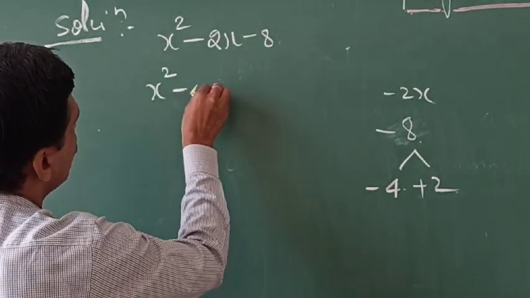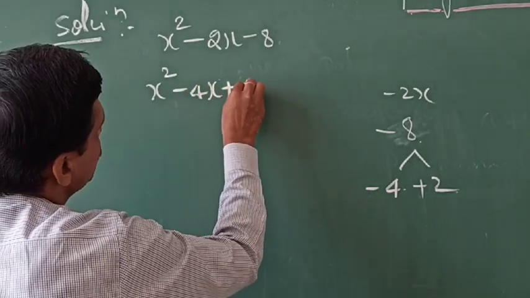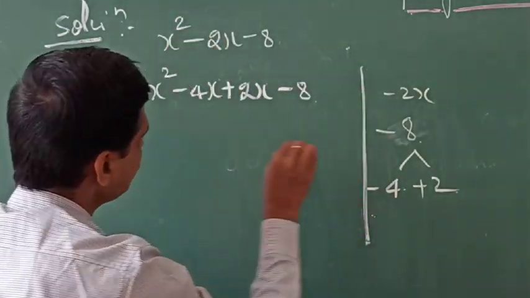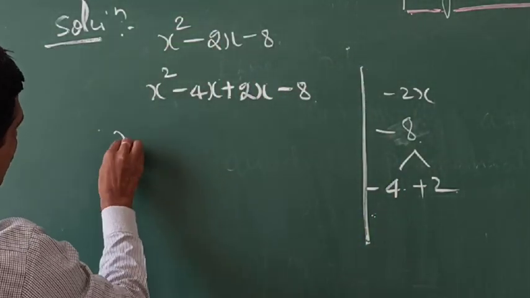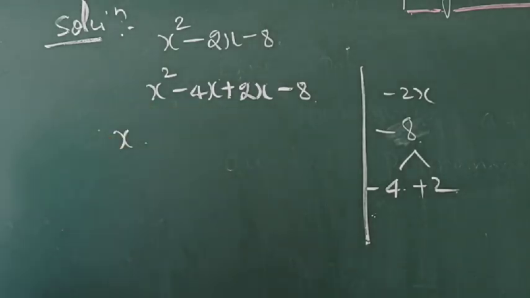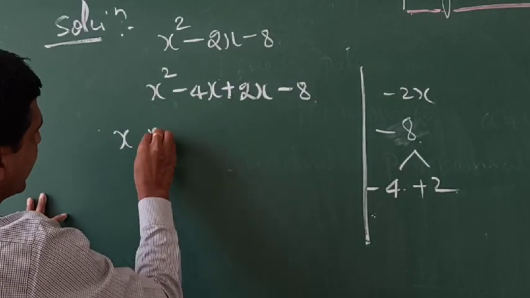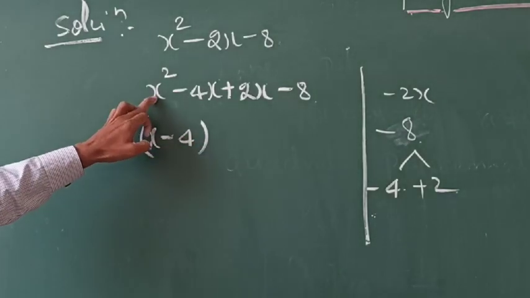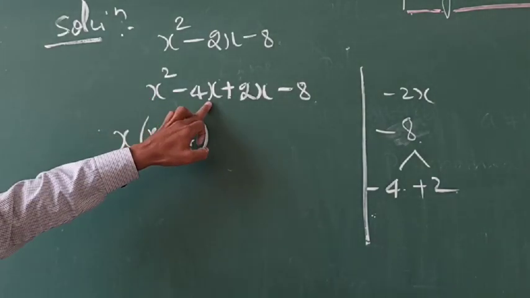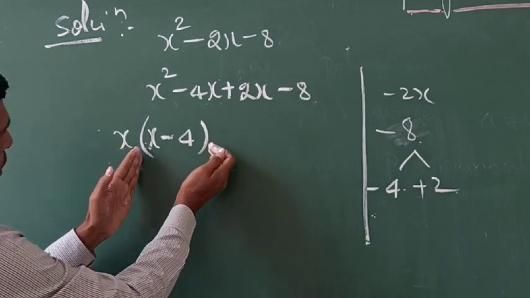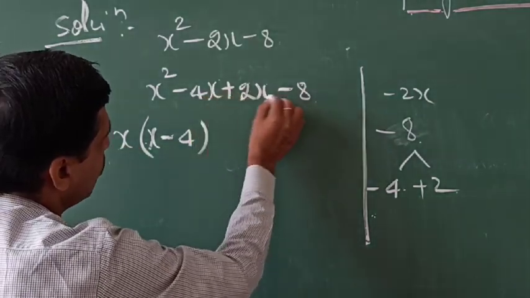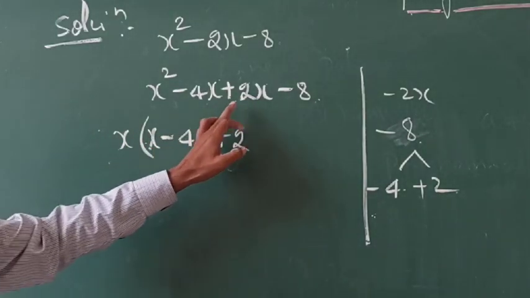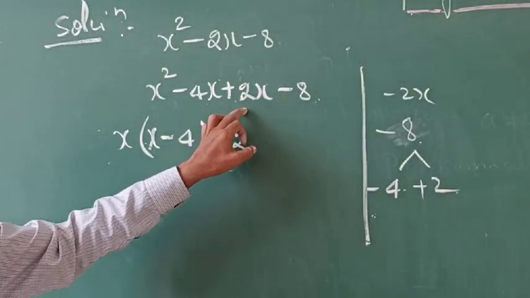So now 4x plus 2x minus 8. Take the common factor for the first two terms: x, and minus 4, because x square divided by x is x and 4x divided by x is 4. So what is left now? x minus 4. Now for the next two terms, take plus 2, always considering the numerical coefficients and the least number.